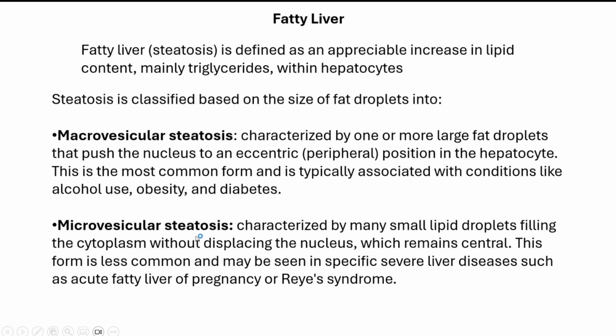Whereas microvesicular steatosis is characterized by many small lipid droplets filling the cytoplasm without displacing the nucleus, which remains central. This form is less common and may be seen in specific severe liver diseases such as acute fatty liver of pregnancy and Reye's syndrome.